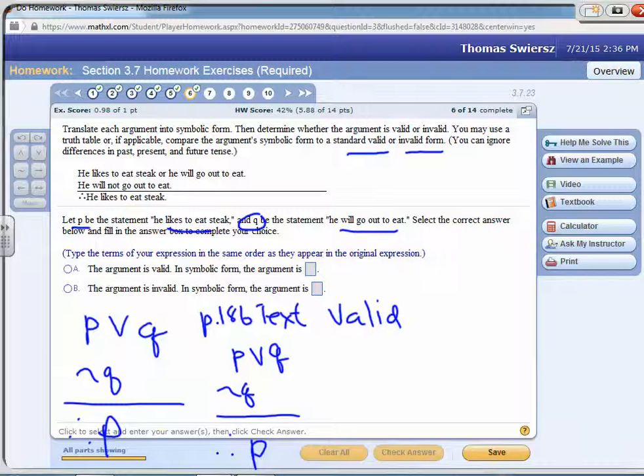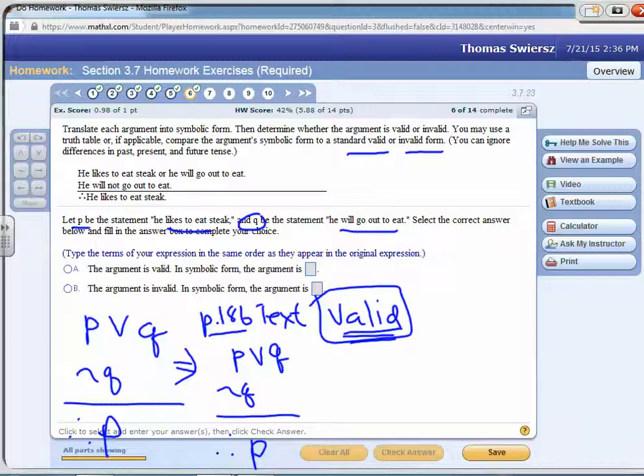You can conclude P. You can see here this matches exactly on page 186 the valid form of the disjunctive reasoning. Since our argument matched one of the valid forms, we know the argument is valid. We're not forced to do a truth table.